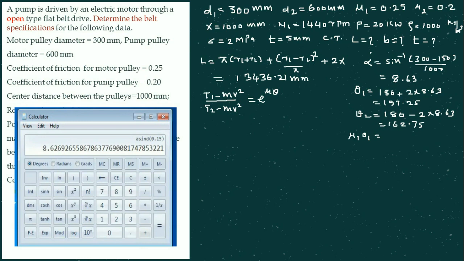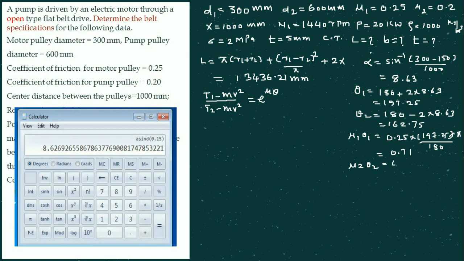Let's calculate mu1 theta 1, in order to decide which coefficient we should consider. So mu1 is 0.25, so it has to be multiplied by 197.25 multiplied by pi, close the bracket, and divide by 180, because we have to express it in radians, which comes out to be 0.71.